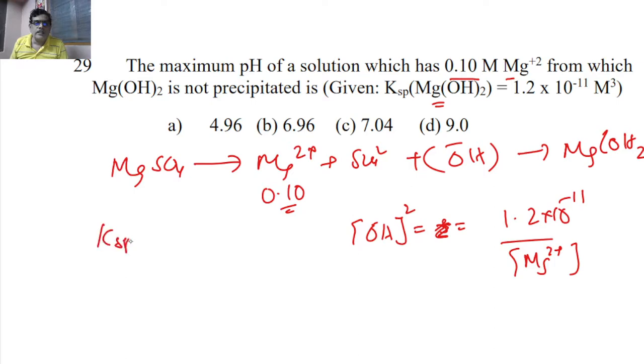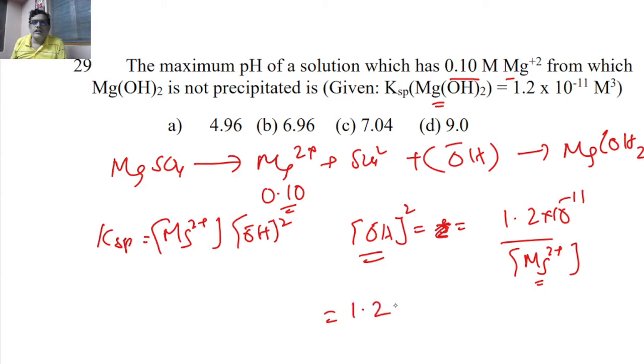The KSP is equal to the concentration of Mg2 plus and the concentration of OH minus square. From this, OH minus square will be equal to 1.2 10 to the power of minus 11 divided by Mg2 plus. So that will be 1.2 10 to the power of minus 11 divided by 0.1, which means it will be 1.2 10 to the power of minus 12.